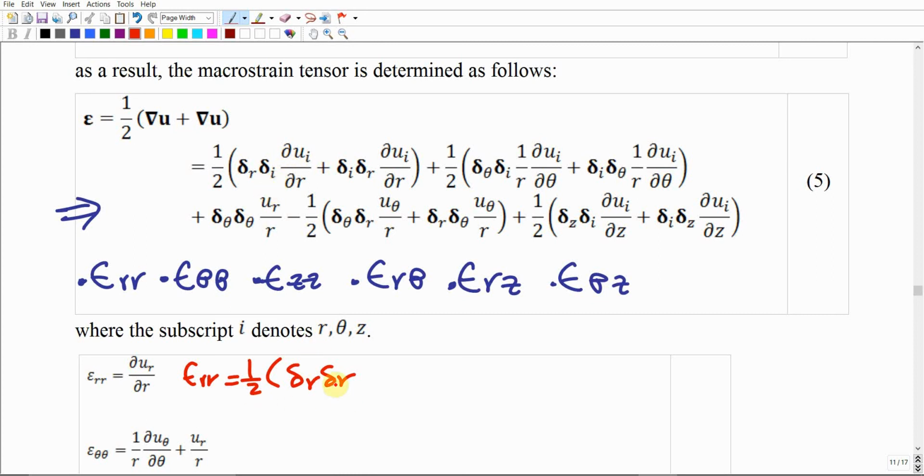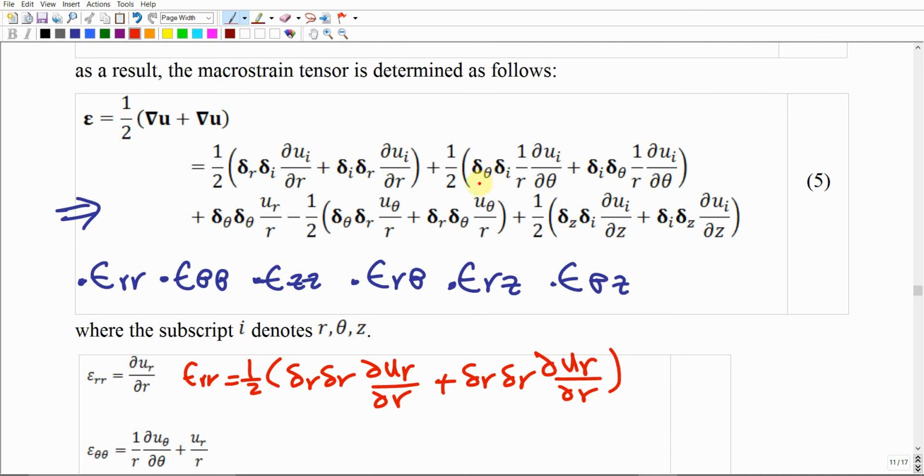But here I'm interested in just delta R, because I'm working with RR. So delta I will be R, so this is going to give us the partial of U R with respect to R, plus delta R, I'm going to consider I as R, the partial of U R with respect to R. Right, this is the first term.